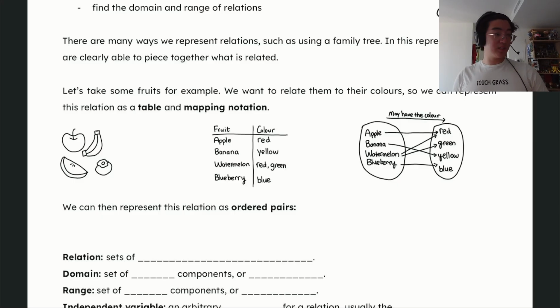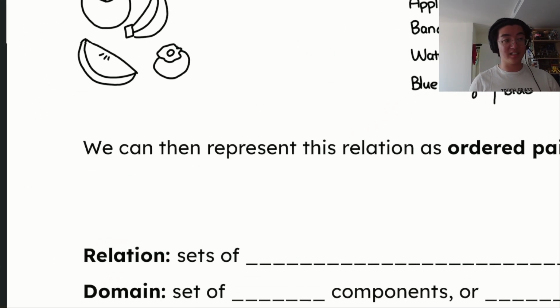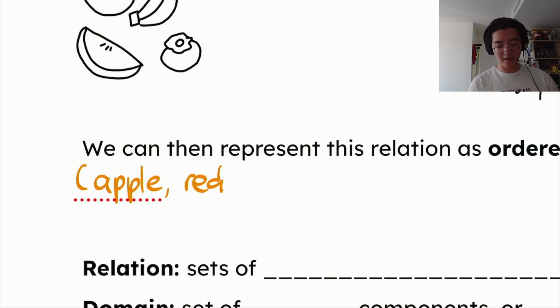Okay, and now most importantly, we can always put relations into ordered pairs. And remember from last time, ordered pairs is x comma y. But this can apply to any relation, right? We can say apple comma red and banana comma yellow.